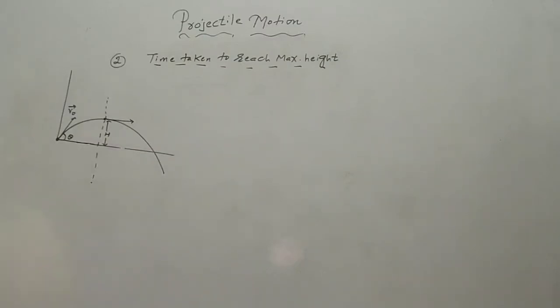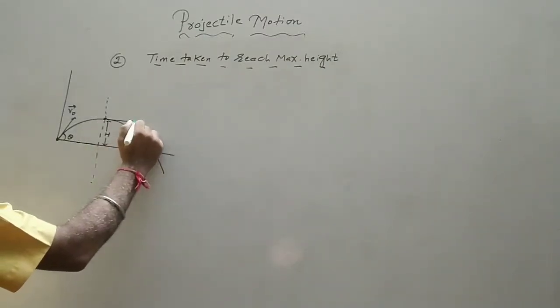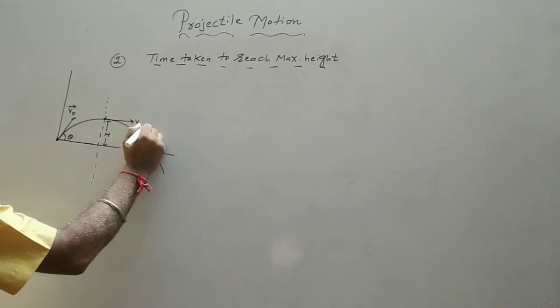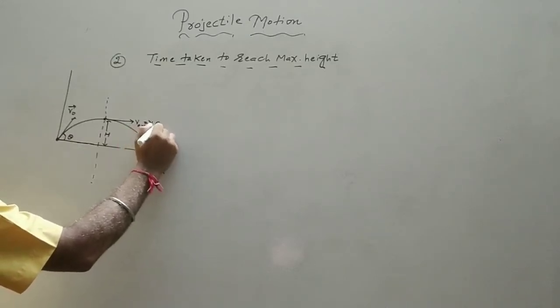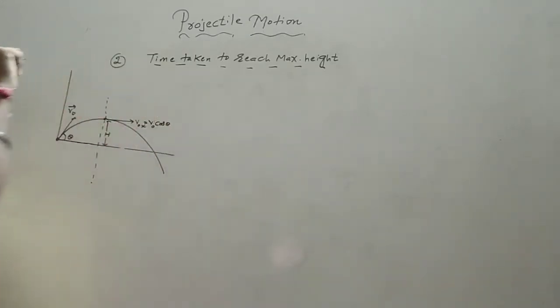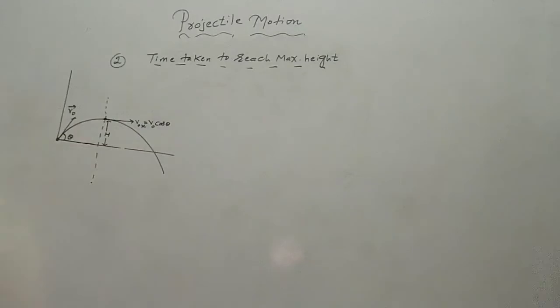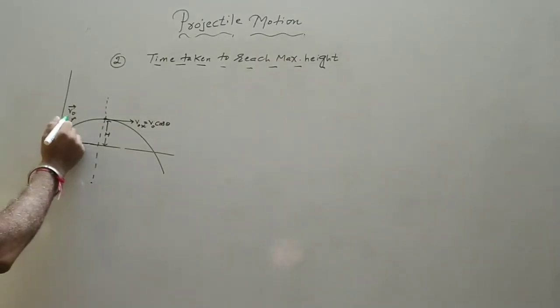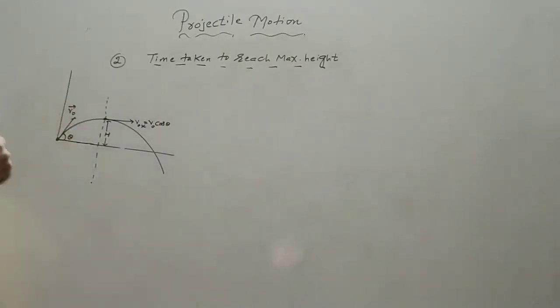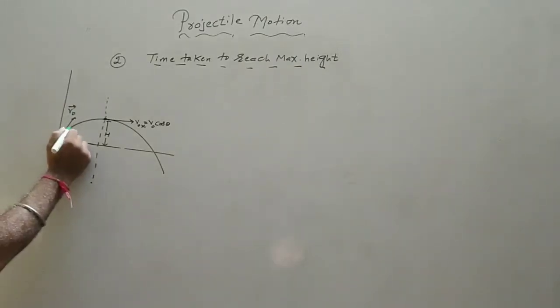So we know that the velocity along the horizontal component will be equal to v0x, that is v0 cos theta, which remains constant throughout the motion. But here the vertical component of the velocity becomes 0. So when the body was projected with some speed, say 20 meters per second, its speed will keep on decreasing.